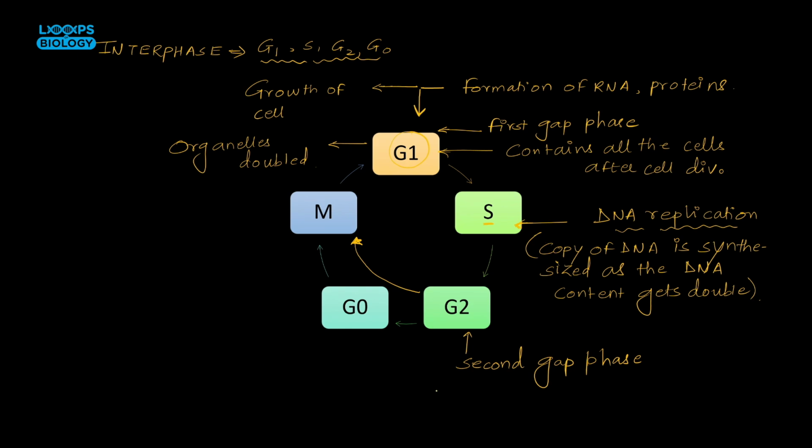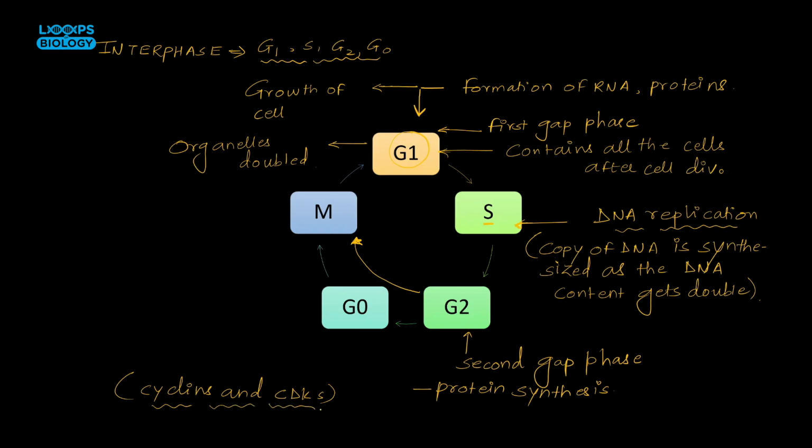So in G2 phase there is protein synthesis, and this synthesis is comprised of cyclins and CDKs.